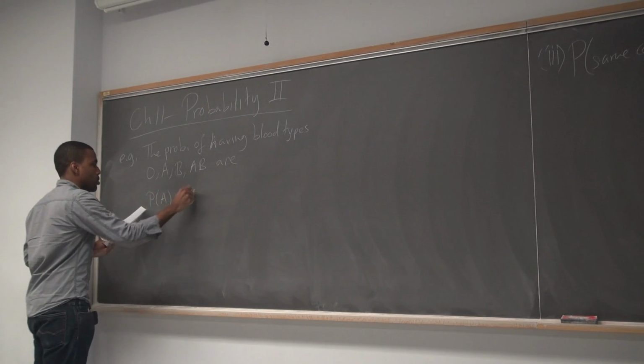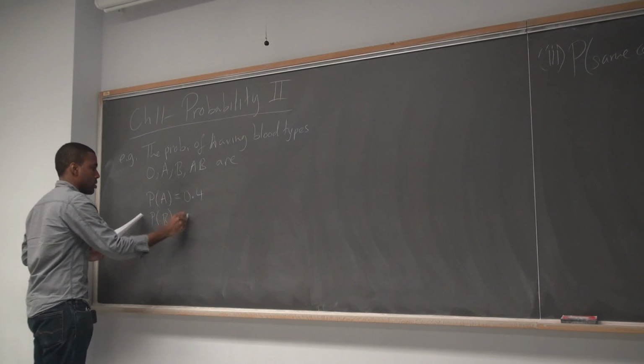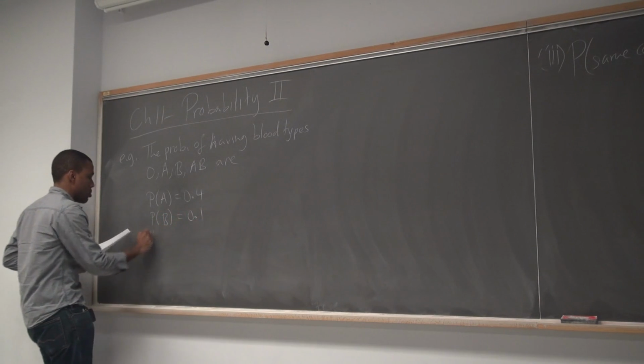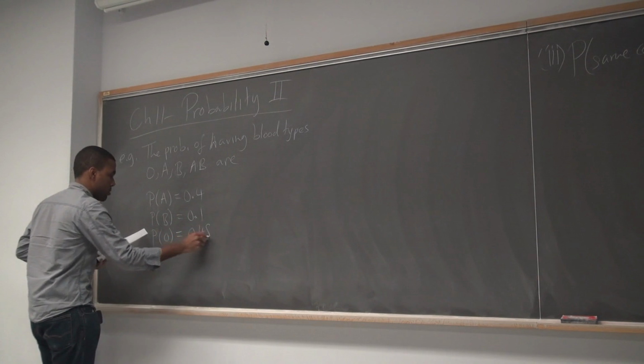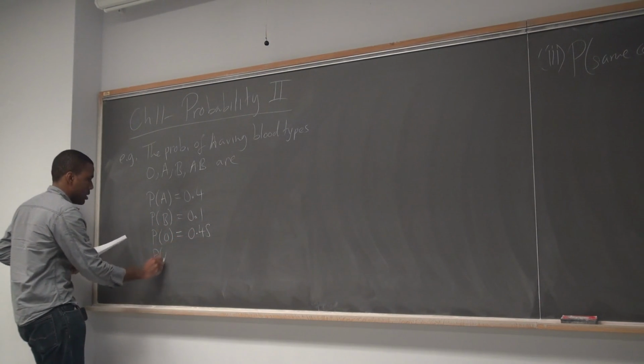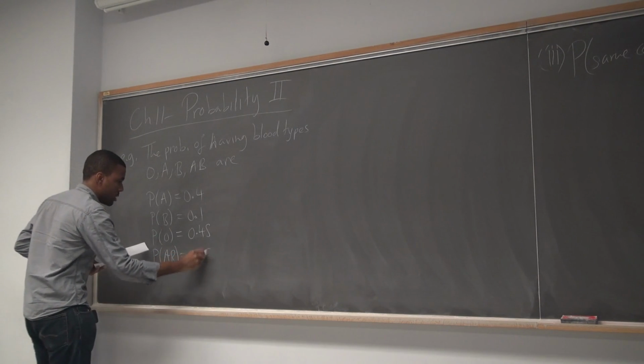Probability of A is 0.4. Probability of B is 0.1. Probability of O is 0.45. Probability of AB is 0.05.